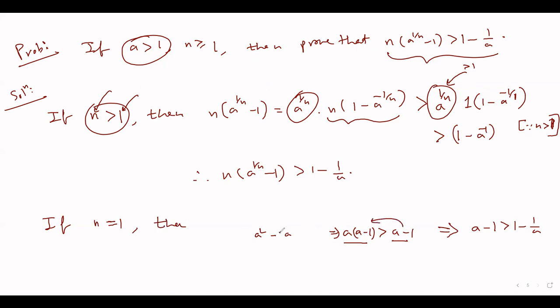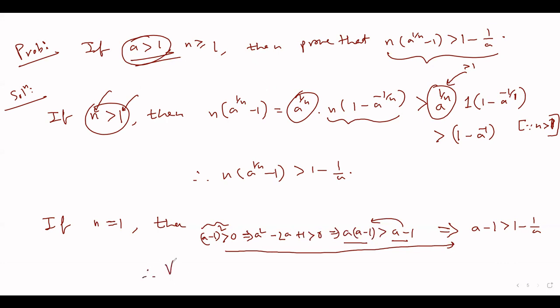Transfer this to the left, so a squared minus 2a plus 1 greater than 0. And this would be true if we just had a minus 1 whole square greater than 0. And since a is greater than 1, a minus 1 whole square is definitely greater than 0. So now consider the forward direction, and we are done.